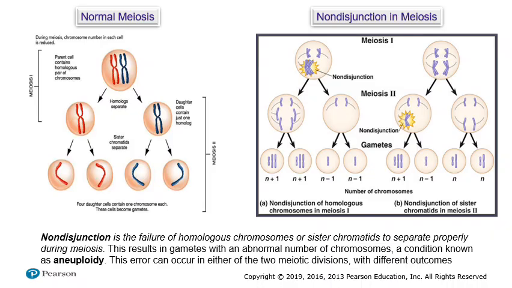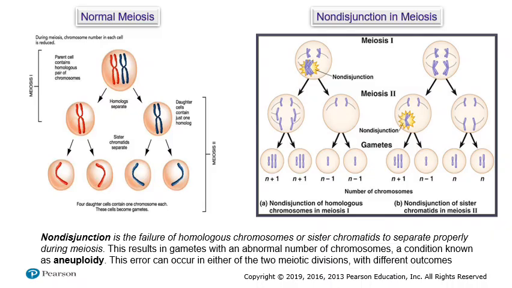So between the two resulting daughter cells of the first meiotic division, one daughter cell will not have the homologous pair because the other homolog went with the other cell. When this one divides, it will result in a haploid minus 1.